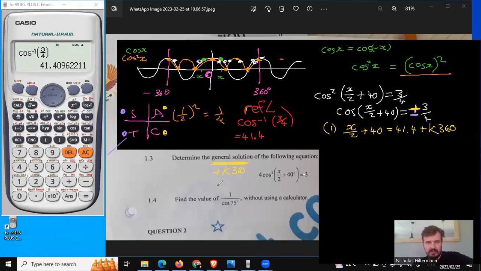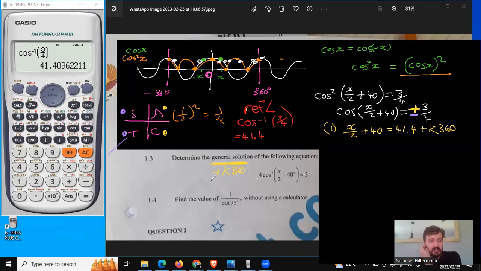Now, if it's tan, what do we say? Plus K180, because remember, tan repeats every 180. So just be careful of that. If it's cos and sine, it's 360. If it's tan, it's 180.